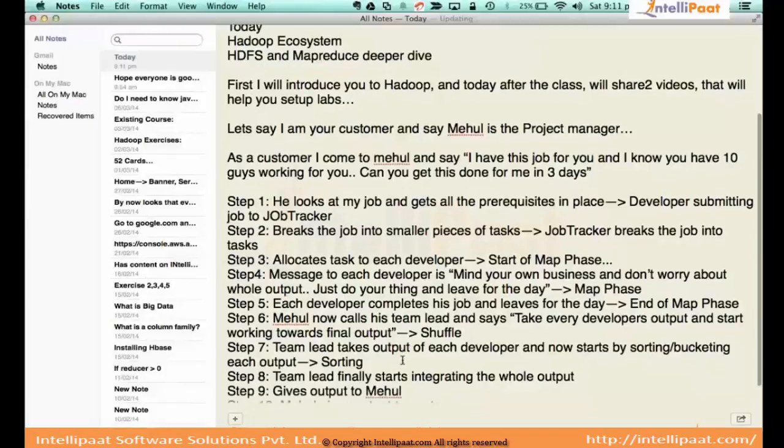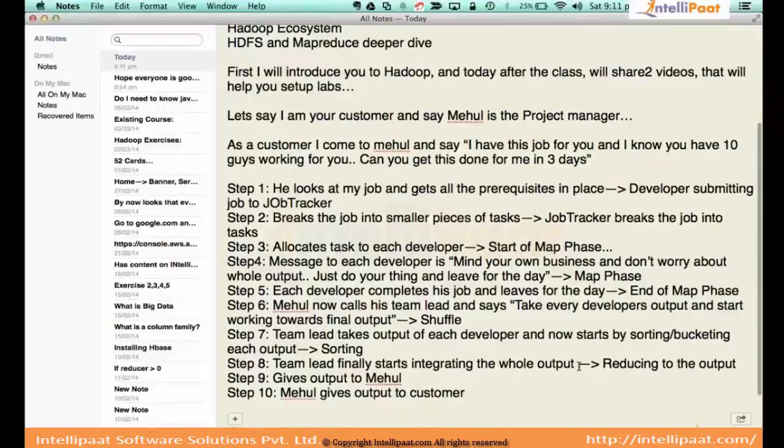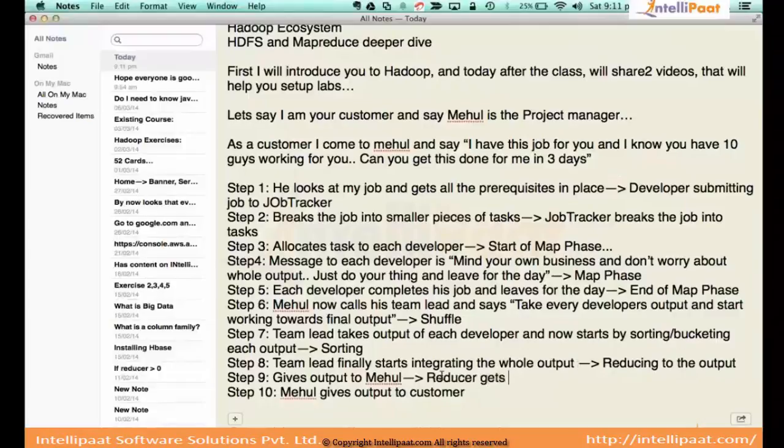It sorts everything, buckets everything, and finally integrates the whole thing. That is reducing to the output. The reducer completes the output and informs the job tracker.